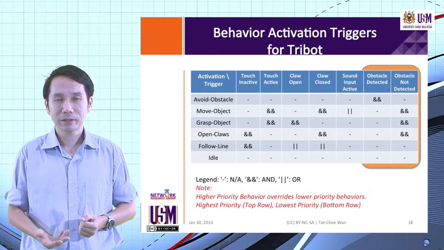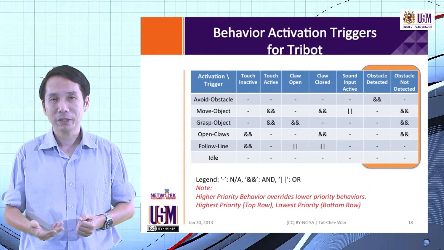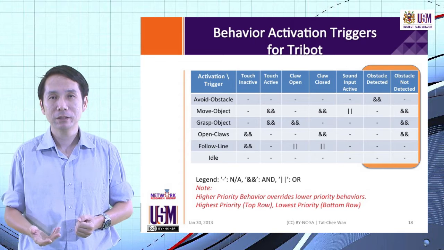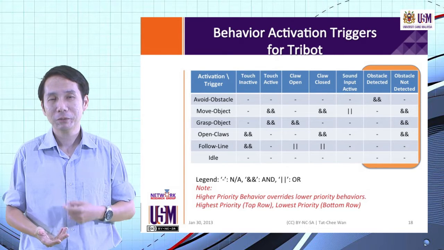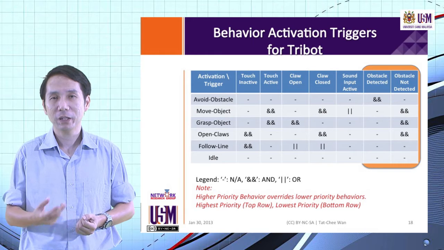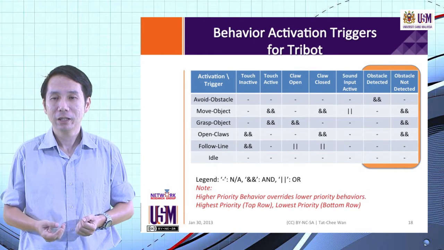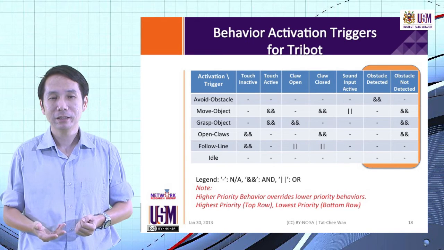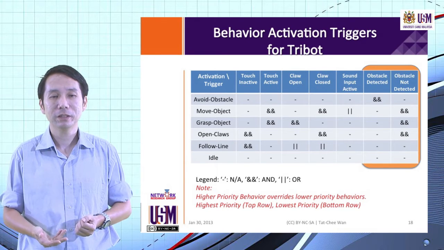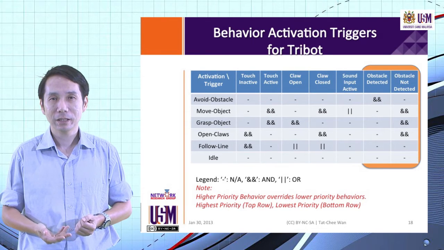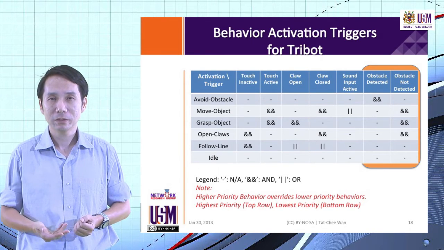This is set by the input from the ultrasound sensor, which collects samples and determines whether there is an obstacle in front of it or not. Once it's detected, the avoid obstacle behavior will take precedence over all the lower level behaviors. However, if it's not detected, the normal behavior of mover or grasper or the line follower would still take place.